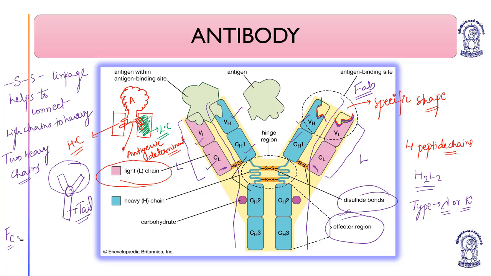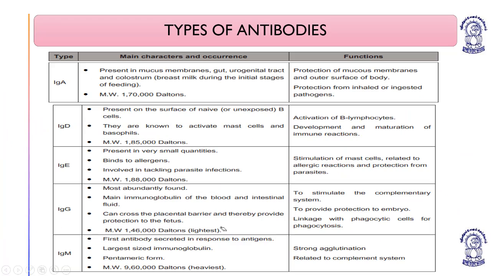It is not able to bind to antigen. Understood? That's why it can be easily separated and crystallized. So this is the structure of a typical antibody.